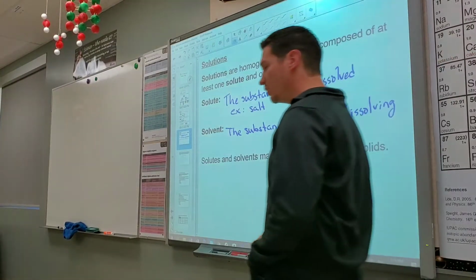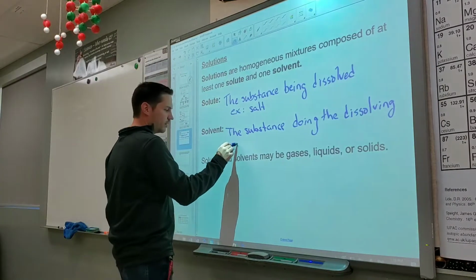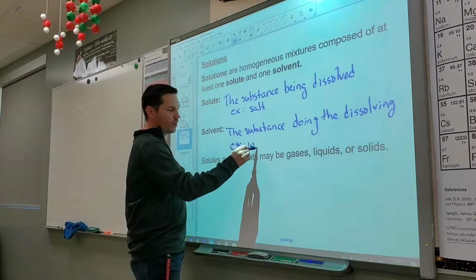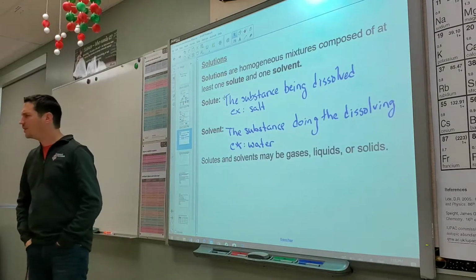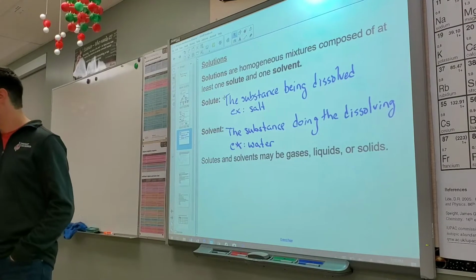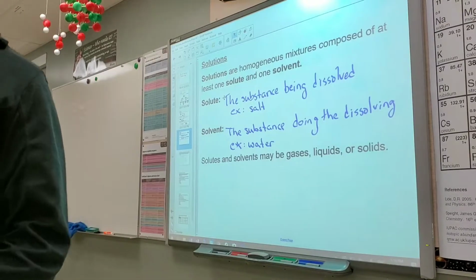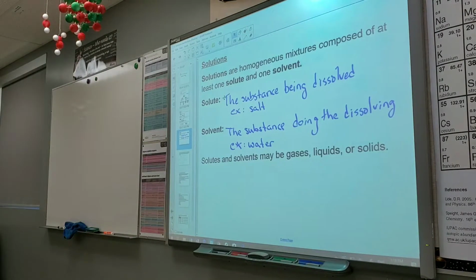The substance doing the dissolving. By way of an example, water. Water is not the only solvent, but it's the most common solvent. It's the one solvent we use the most because it's the most common thing on the planet, basically.